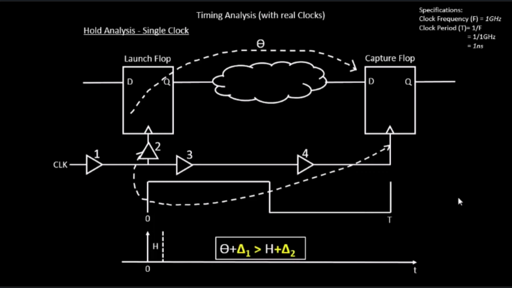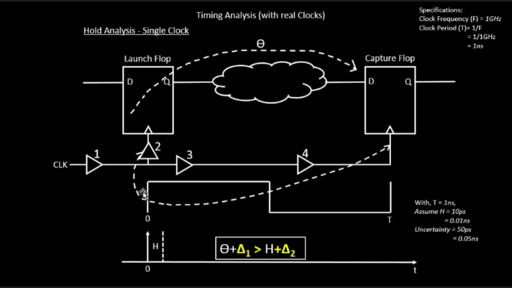Now, to add more and more uncertainties to it, assume we have a hold time of 10 picoseconds and an uncertainty of 50 picoseconds. Over here, really, the uncertainty doesn't matter much, because in this case the edge that is going to the launch flop and the capture flop is the same. So the amount of jitter that plays a role for the launch flop and the capture flop will be the same.